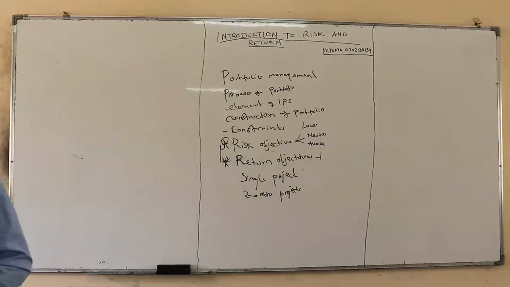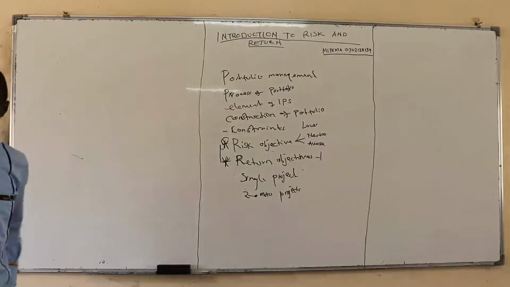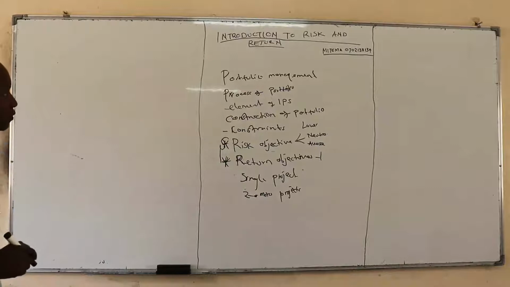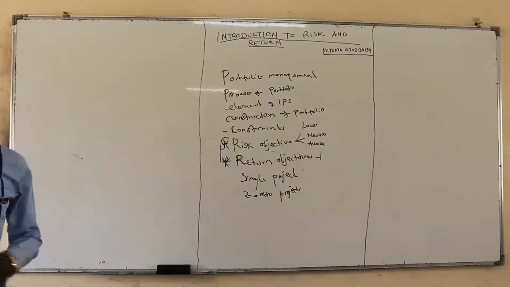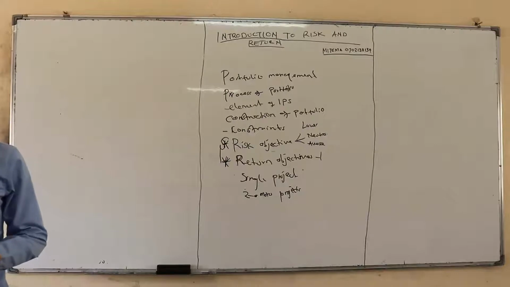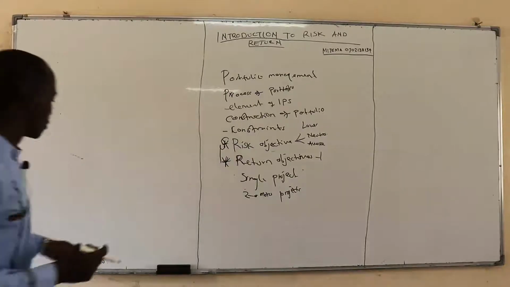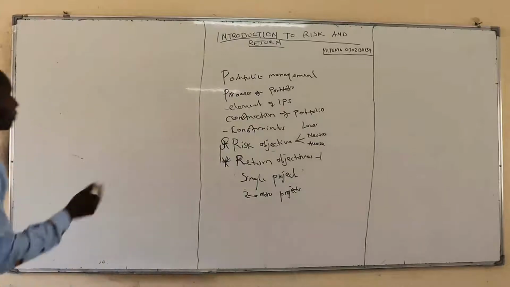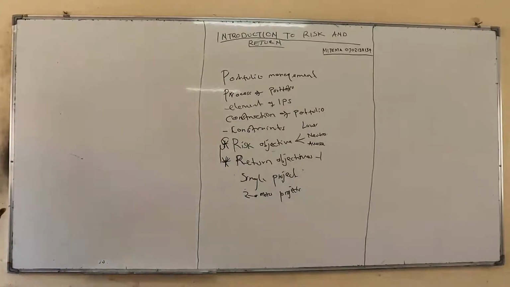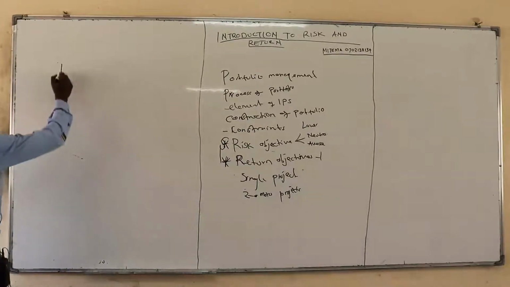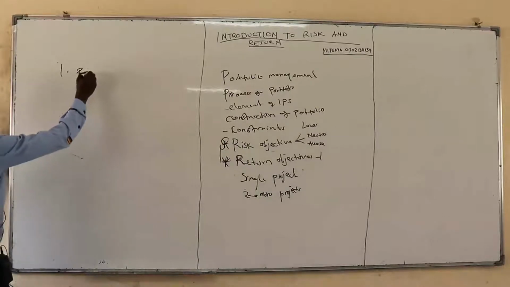Financial assets normally generate two types of returns. First, we have the periodic returns.